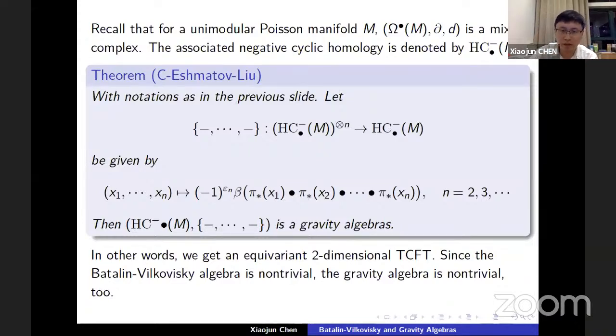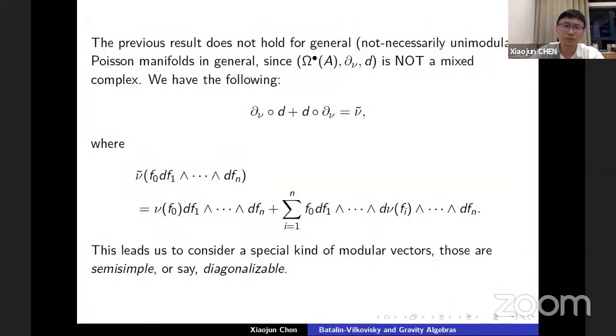It comes from the BV algebra, which is in general non-trivial, because if you apply delta to it, you will get the Xiao-Jun bracket, which is in general non-trivial. So this gravity algebra is not trivial either. In other words, we get a genus zero equivariant two-dimensional TCFT. And as I said, since the BV algebra is non-trivial, the gravity algebra is non-trivial too.